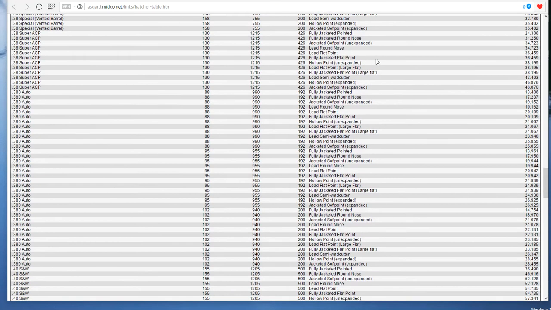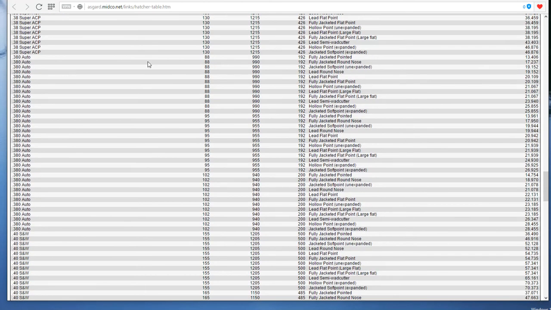If I go down to 380 and look at jacketed soft point expanded, slightly lighter bullet 88, slightly slower 990. That gives a value of 25.855.